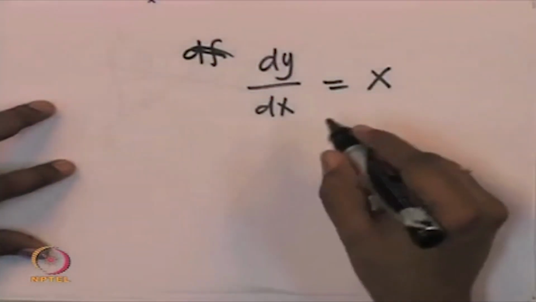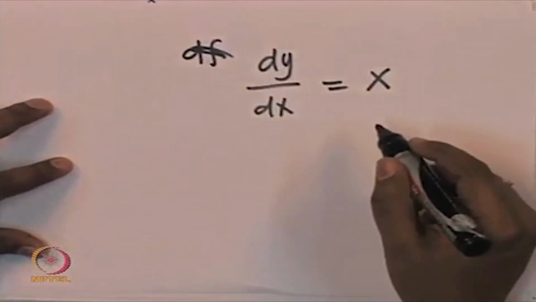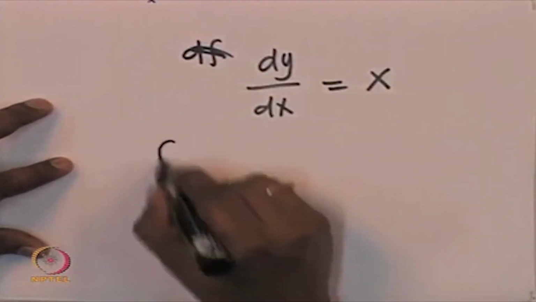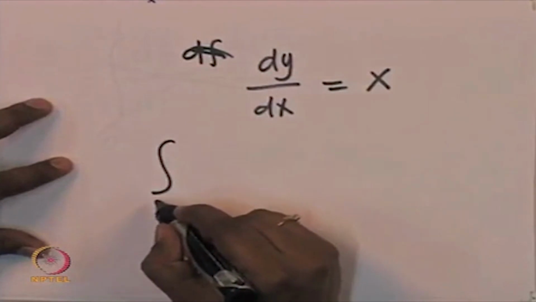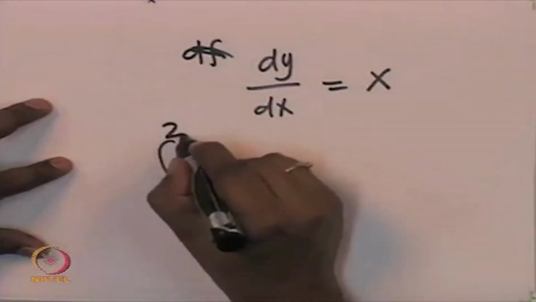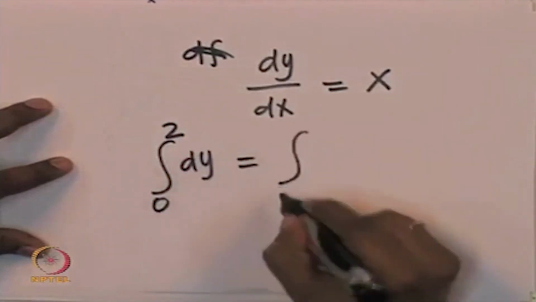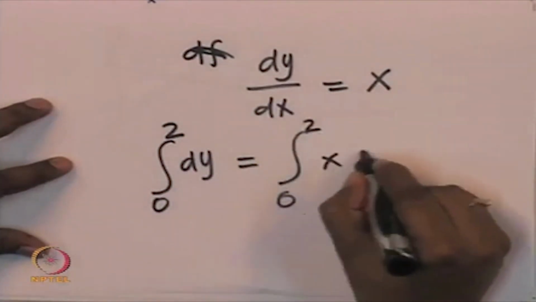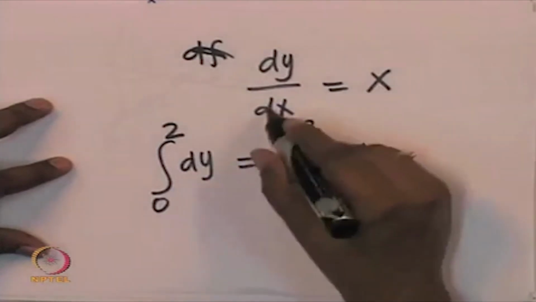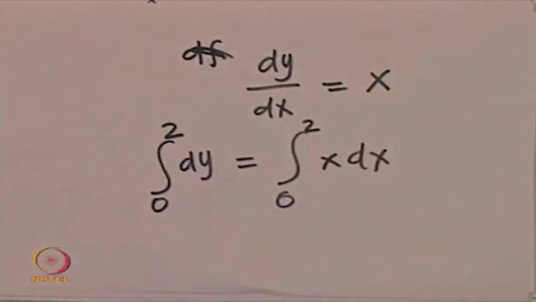Now, you want to integrate this between the 2 points 0 and 2. The integral of dy is equal to the integral between 0 and 2 of x dx.